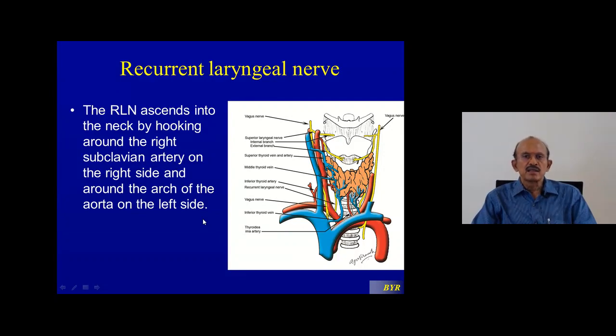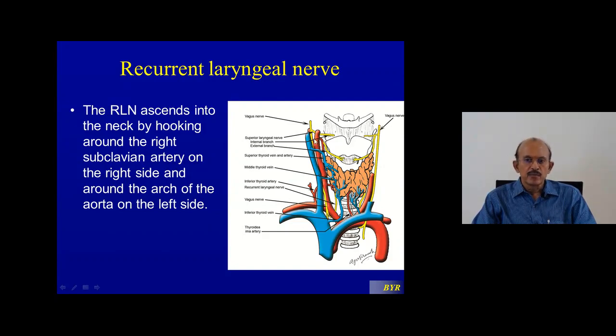And when thyroid surgery is being performed, both these nerves are in danger. If these nerves are endangered or injured during surgery, the movements of the larynx will be affected. So the patient may get hoarseness of voice or sometimes difficulty in breathing because of the closure of the larynx. Hence, you must know about these two nerves.